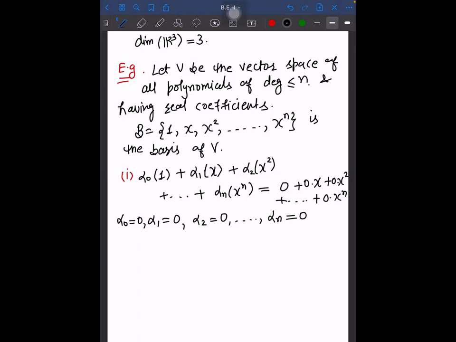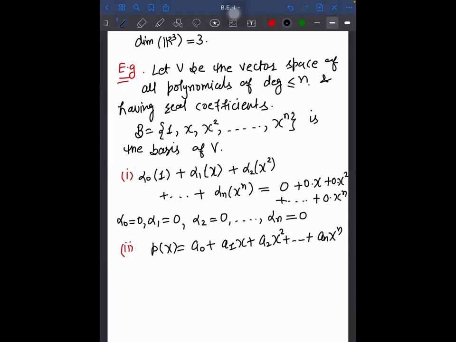Now, second part is spanning. Spanning is quite easy. You pick any polynomial, and you need to prove that this polynomial also can be written as a linear combination of this set. So let's say you pick any polynomial of degree n, p(x) equal to a naught plus a1 x plus a2 x square and so on up to an x^n.